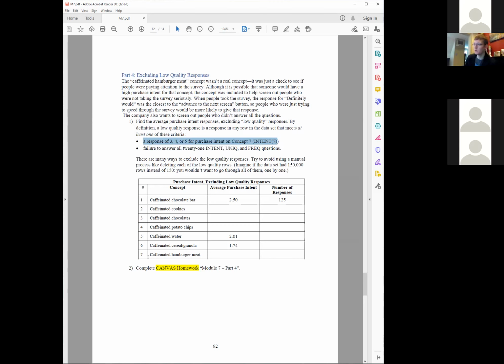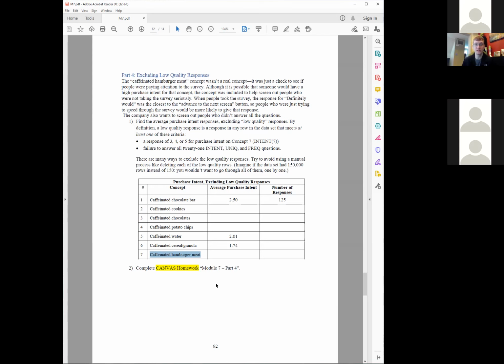Concept 7 was this caffeinated hamburger meat. You can think of it almost like a control group, under the assumption that no one really wants this product, and only the people that didn't answer or read the questions were just putting down numbers. So if someone was really excited about that, we're going to assume that they weren't really paying attention. We're just going to throw it away.